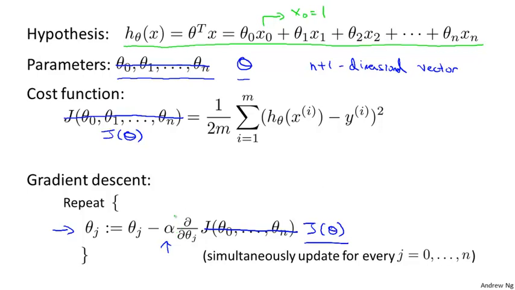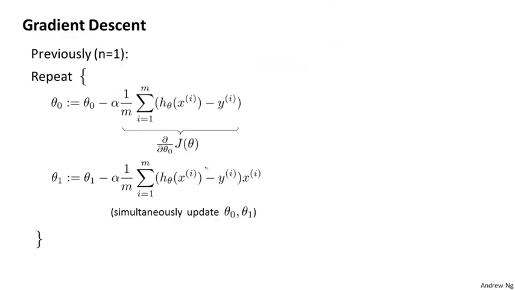Let's see what this looks like when we implement gradient descent, and in particular, let's see what that partial derivative term looks like. Here's what we had previously for gradient descent when we had only one feature, when n was equal to 1. We had two separate update rules for the two parameters theta 0 and theta 1, and we would update theta 0 according to this equation on top, where this term here is the partial derivative of the cost function with respect to the parameter theta 0, and similarly we had an update rule for theta 1.